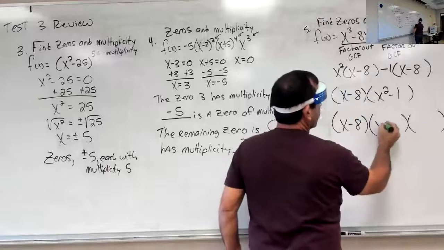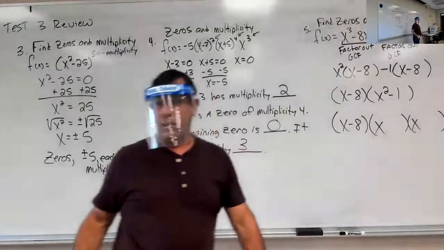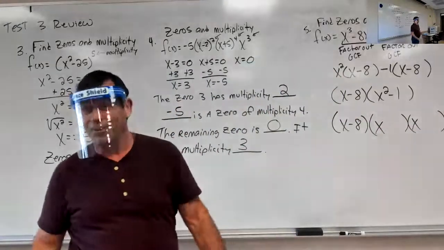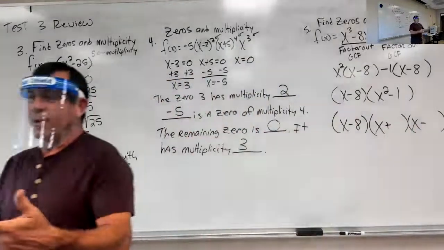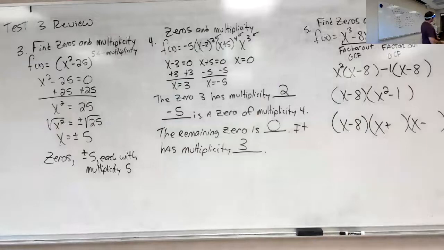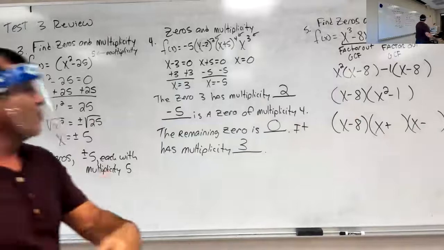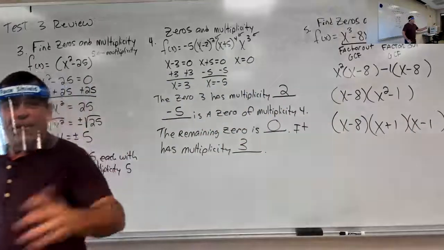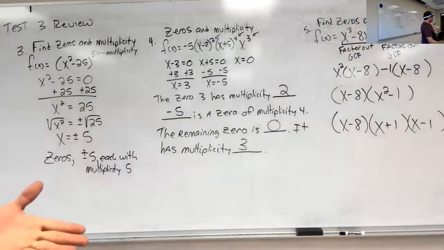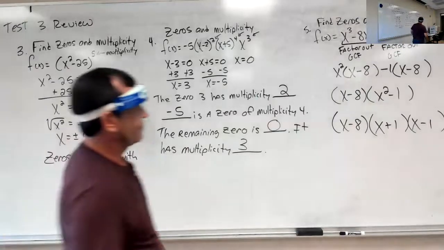X squared minus 1 is perfect squares. Now, that's the smallest perfect squares you'll ever get. So in the front, you put the square root of x squared, you get an x and an x. In the back is going to be the square root of that 1, which is 1. So we got our 3 factors. Now set everybody equal to 0 and get those answers.